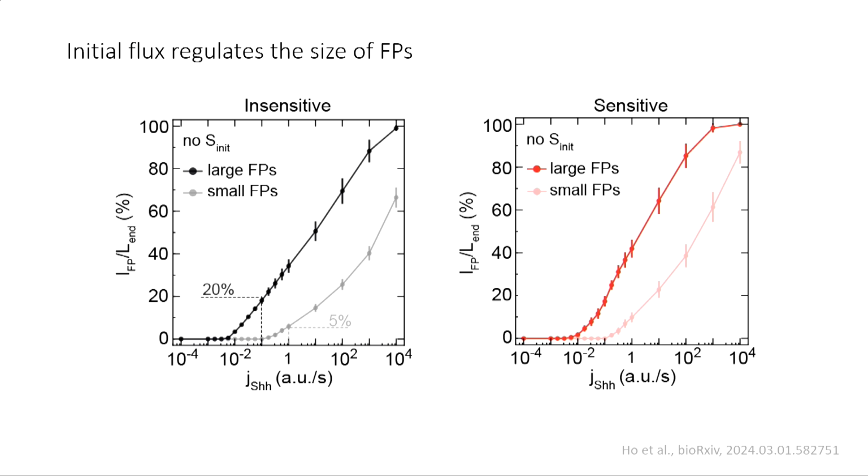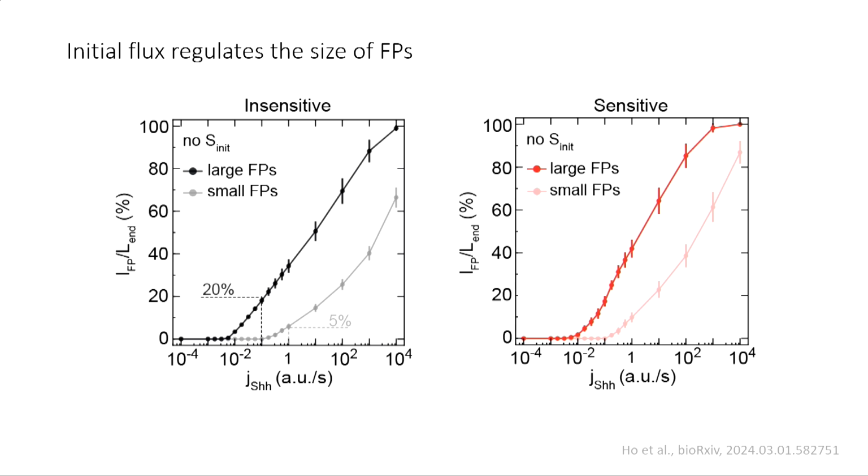And now, as for the size, because initially I also showed you that we have a distribution of floor plate sizes for a given network. You just have one floor plate size, but depending on the parameters, you can have different floor plate sizes. This is decided by the strength of the interactions, but it's also decided, and this is when the notochord comes into the story, by the level of initial Sonic Hedgehog.